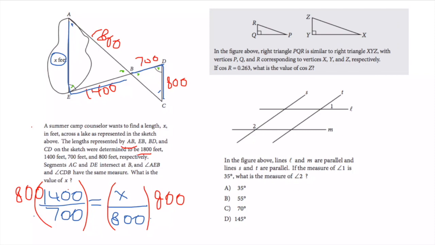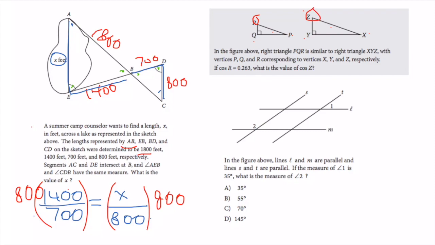So the next example here. In the figure above, PQR is similar to XYZ, with vertices PQR corresponding to XYZ. So that's just telling me it's in the right orientation. If the cos of R equals 0.263, what is the value of cos of Z?